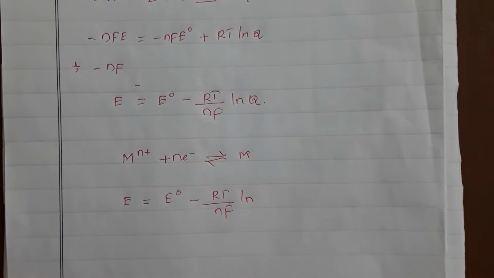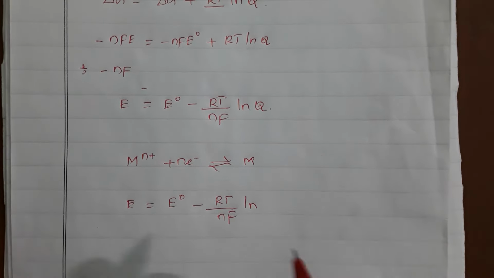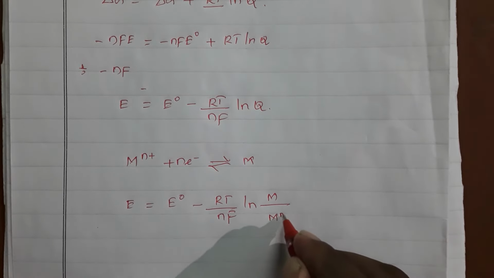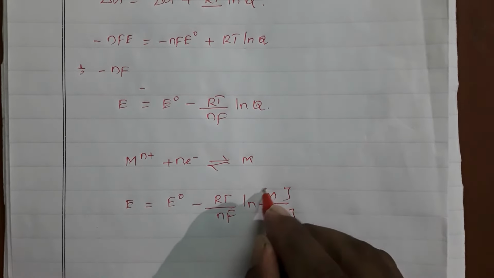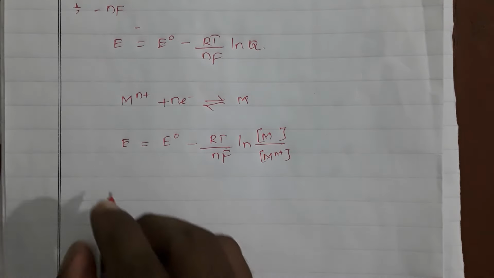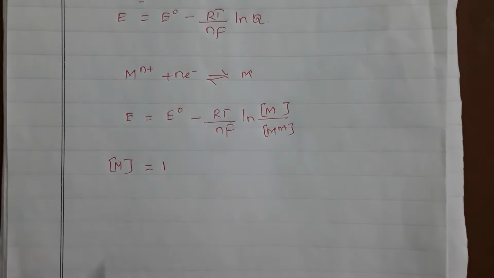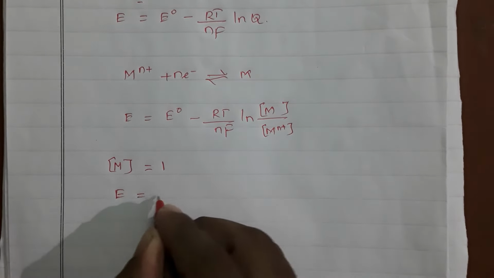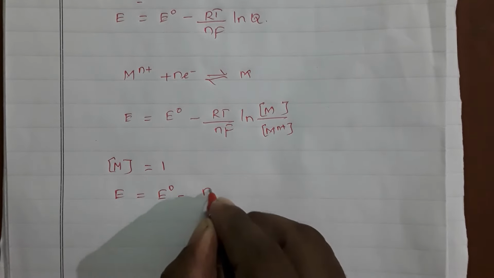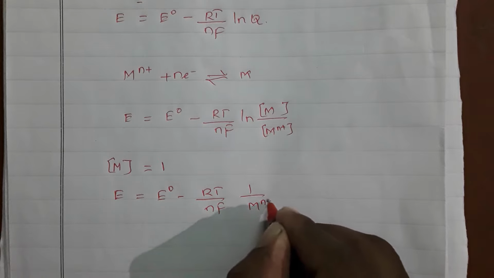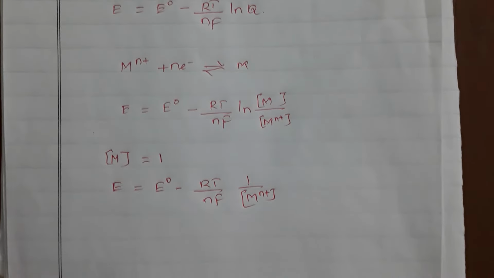For the equilibrium constant, we write the product of concentrations of products divided by the product of concentrations of reactants. So here it is M divided by Mn plus in concentration form. We know that for a solid the concentration can be taken as unity. Then substituting, E equal to E naught minus RT by nF ln 1 by Mn plus. This is the general form.